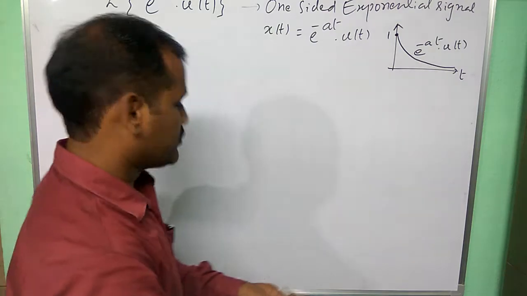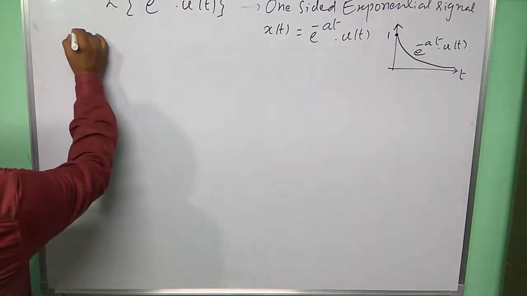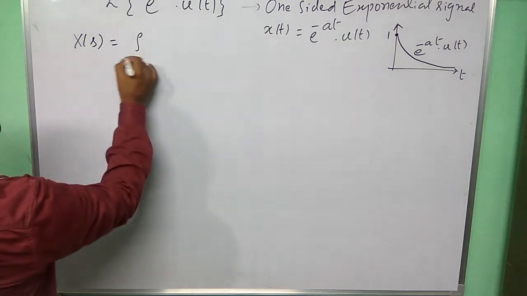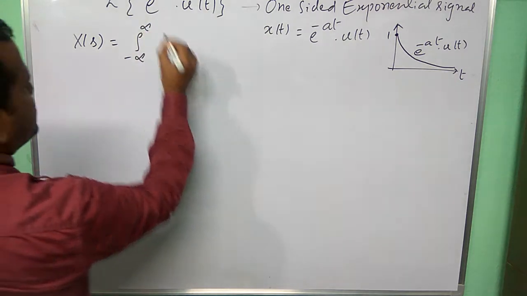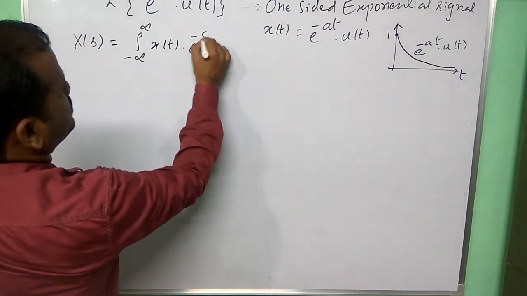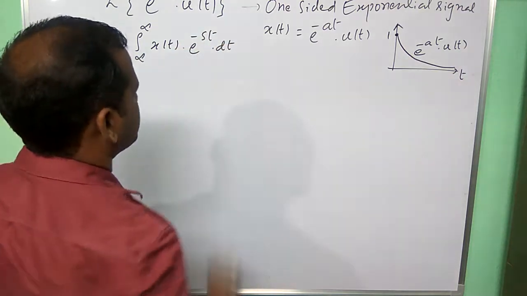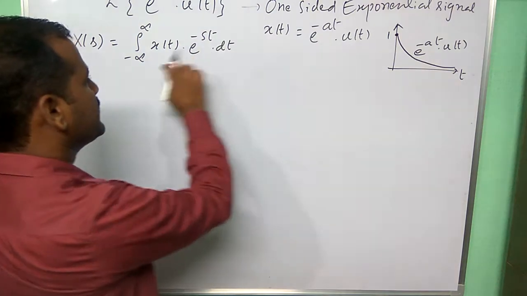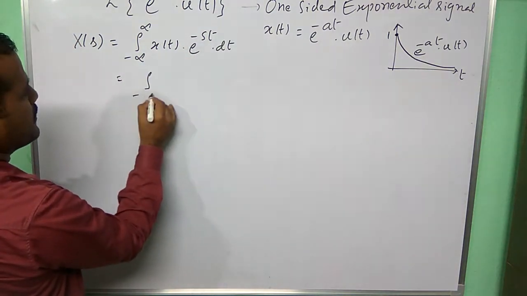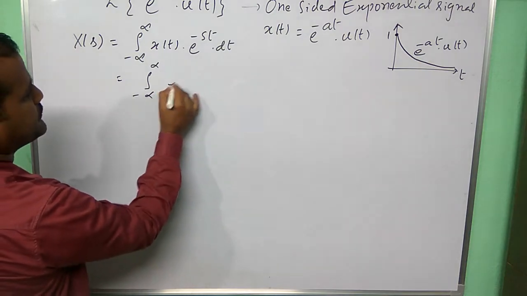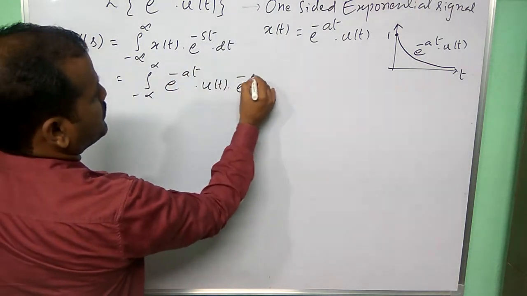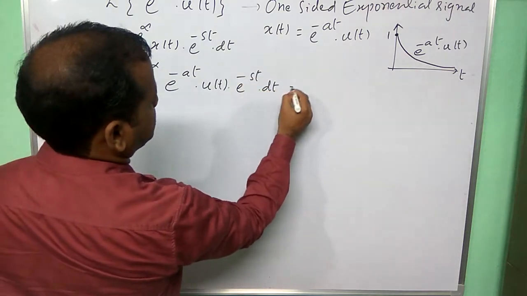Let us consider the Laplace transform of this signal as x of s. The general formula for x of s is the integral from minus infinity to plus infinity of x of t e to the power of minus st dt. Let us substitute this exponential in place of x of t, so that we get the integral from minus infinity to plus infinity of e power minus at u of t and e power minus st dt.